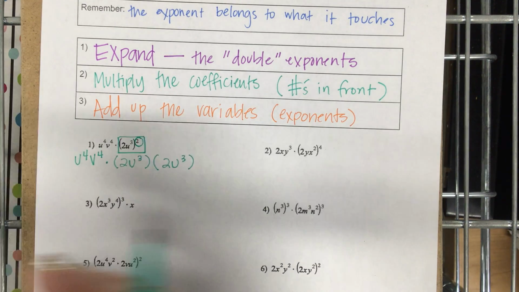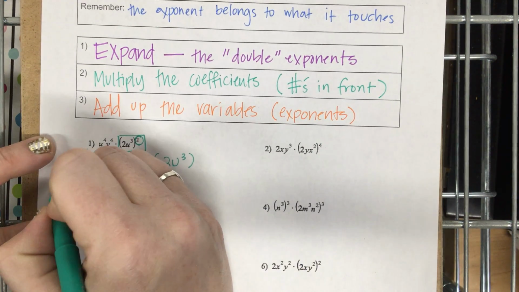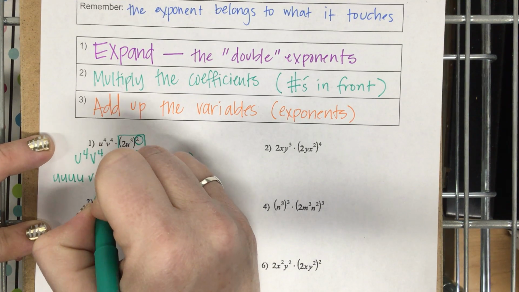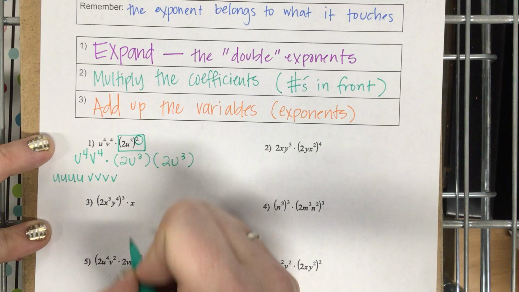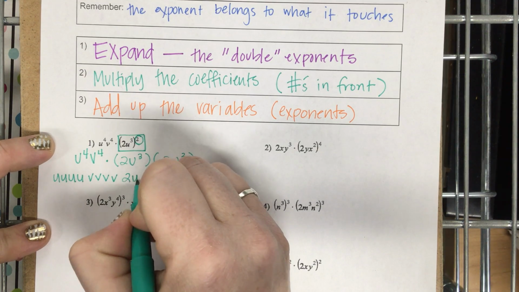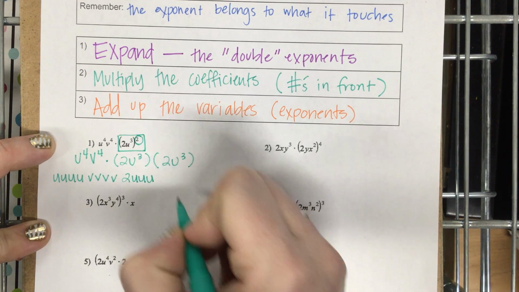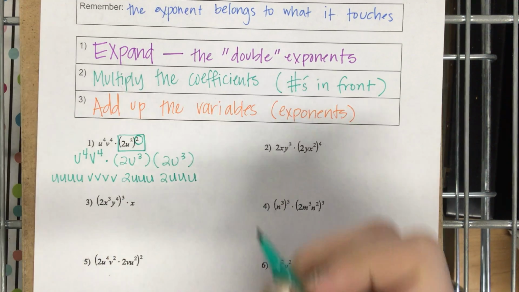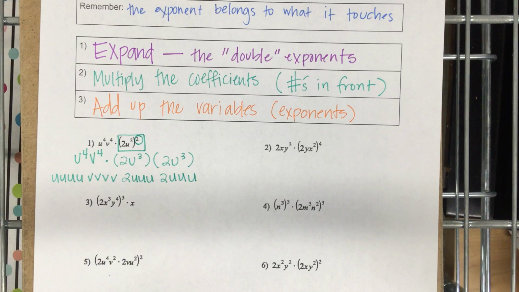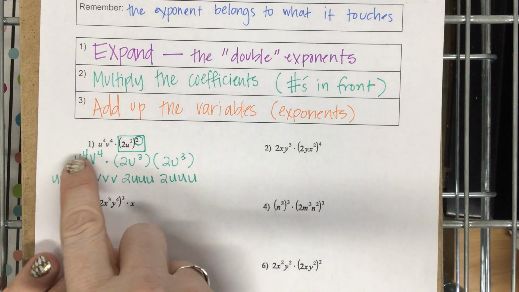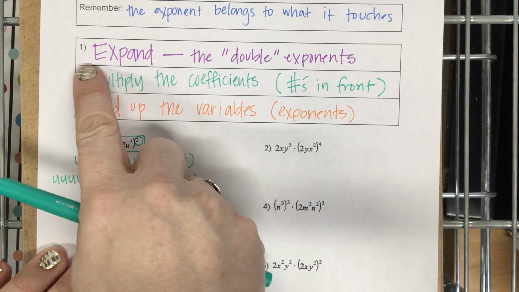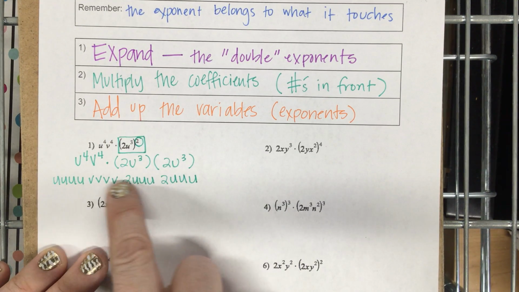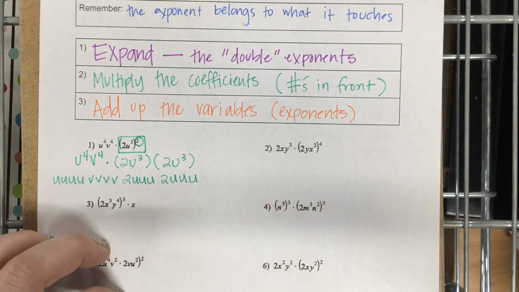I could expand this whole thing, and I could put 1, 2, 3, 4, 1, 2, 3, 4. Then I could put 2, 1, 2, 3, and 2, 1, 2, 3. If these 2 shortcuts that we learned didn't click, you can expand it all the way out.